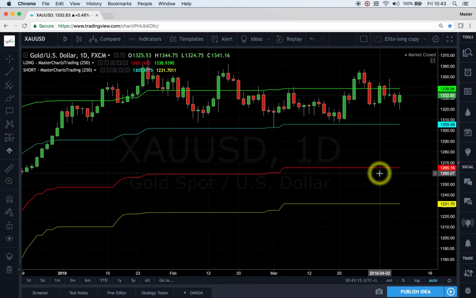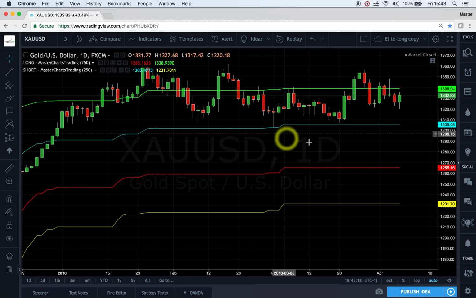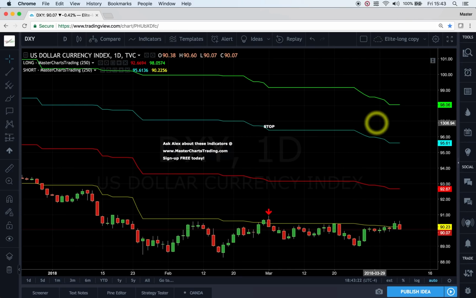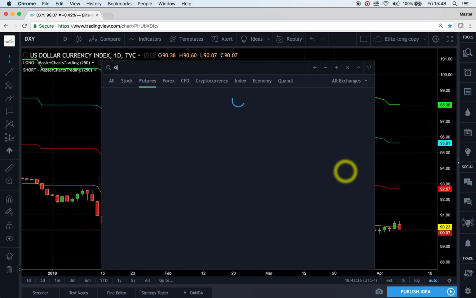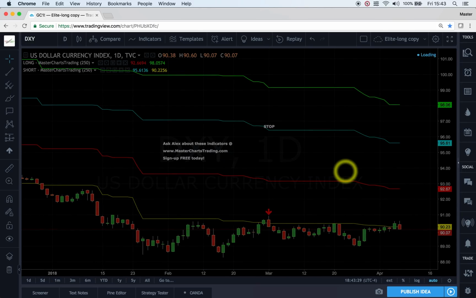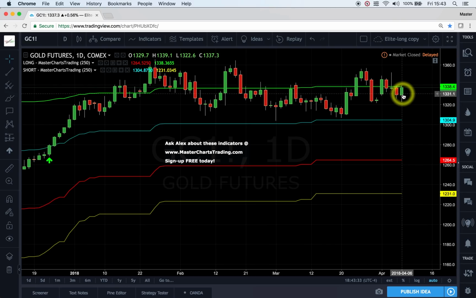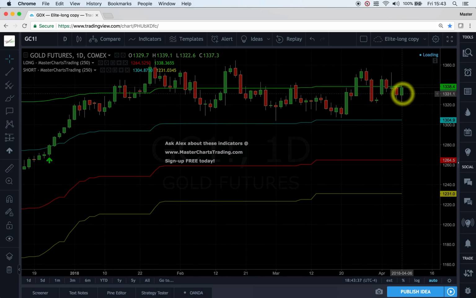So here's paper gold, XAU USD. For now, it's still a bullish chart, and it makes sense because the dollar is near the lows. Here is the gold futures. And again, trading near the highs here. What worries me about the gold complex is, of course, the gold miners.